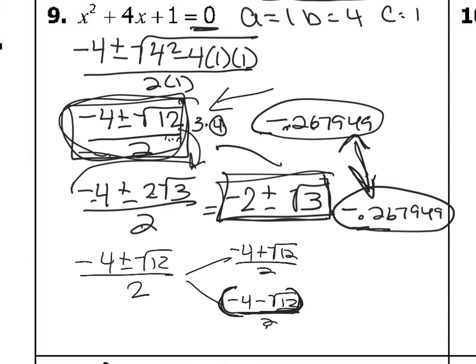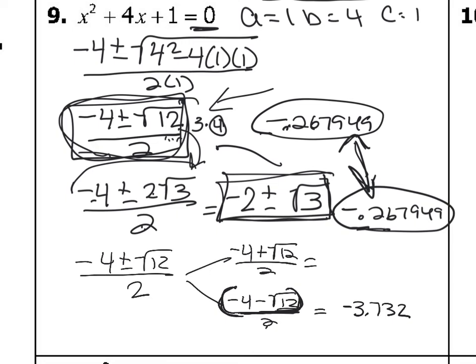All right. So in my calculator, I would put parentheses, negative 4 minus square root 12, close parentheses, divided by 2. And I'm going to get negative 3.732. Now if I put this one in, I'm going to put parentheses, negative 4 plus square root of 12, close parentheses, divided by 2.